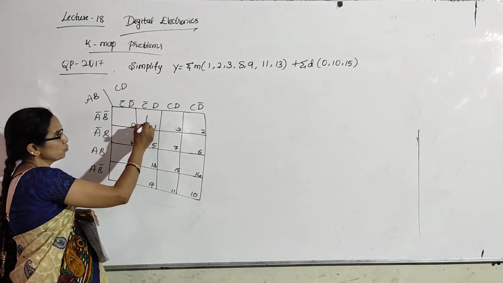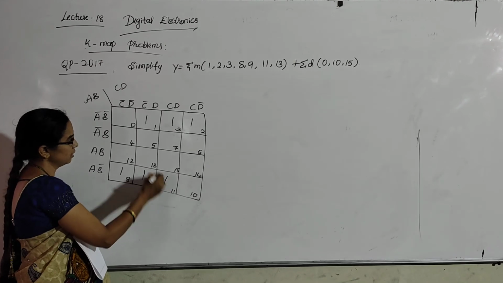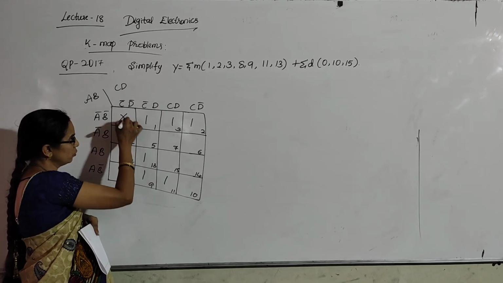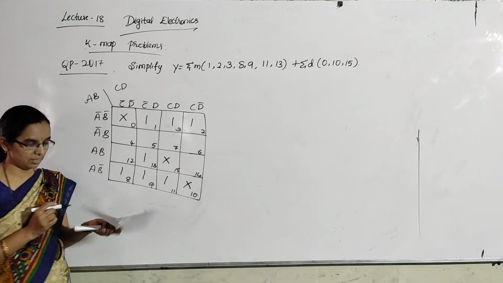Okay, markings 1, 2, 3, 8, 9, 11, 13. 0 is don't care condition, 10 is don't care condition and 15 is don't care condition.